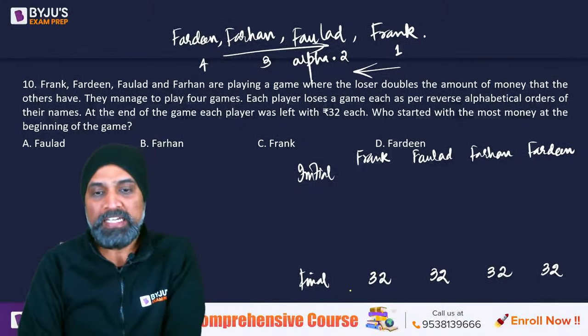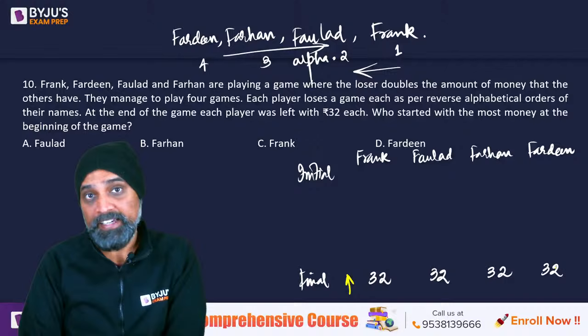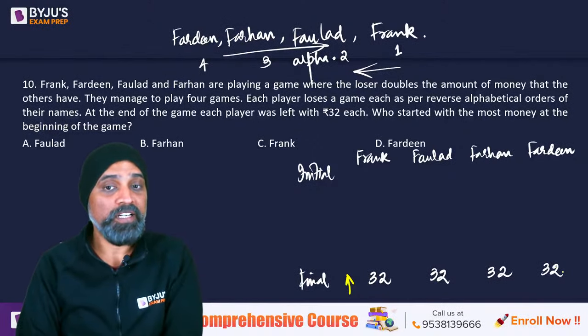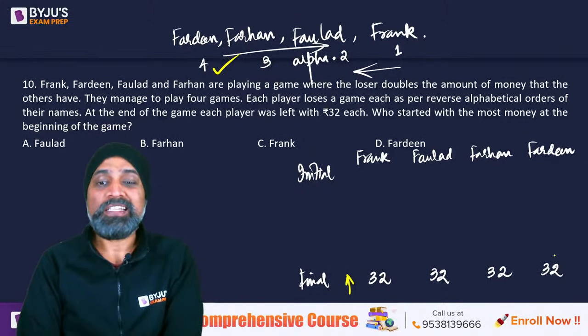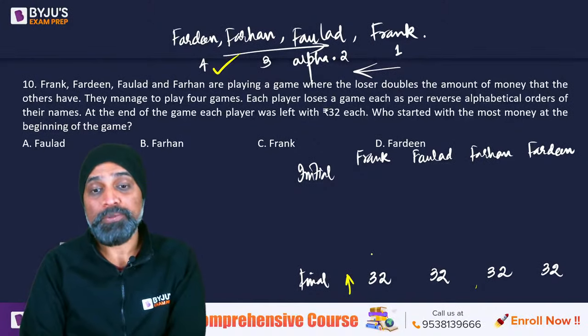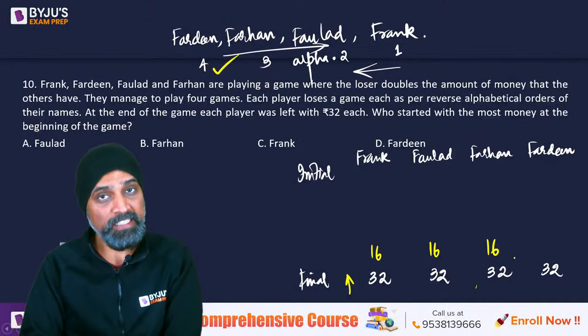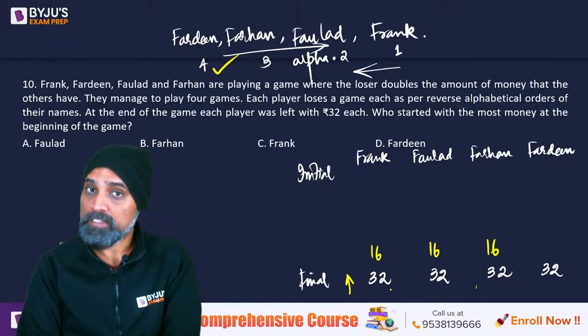So if we go vice versa, we know that at the last stage, Fardeen was the last guy to lose, right? So Fardeen must have doubled the money of the other 3. So when they have doubled, it became 32. That means before that, the money each one must have had should be 16 each, ताकि फरदीन ने सबका पैसा डबल कर दिया था.